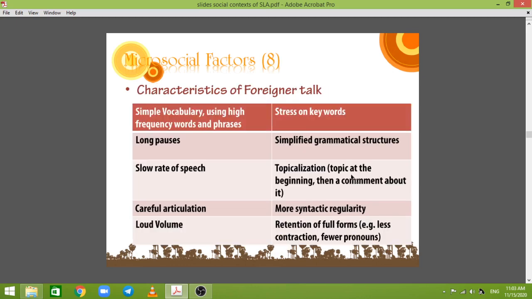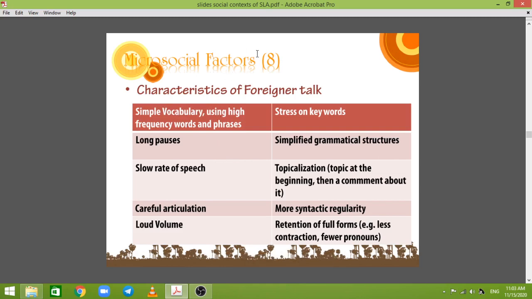We have different characteristics of foreigner talk, everyone, and I would like to show you these characteristics, but I just pick up a few in order to let you see. For example, simple vocabulary, using high frequency words and phrases.